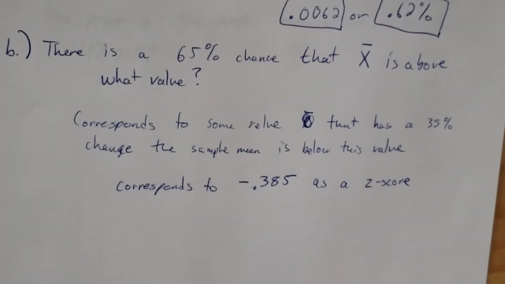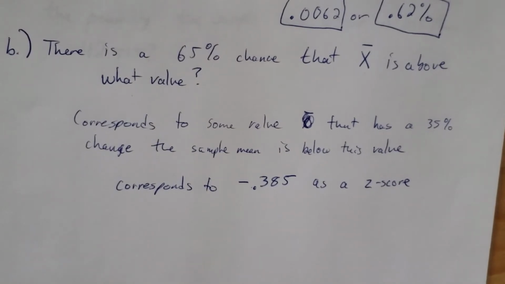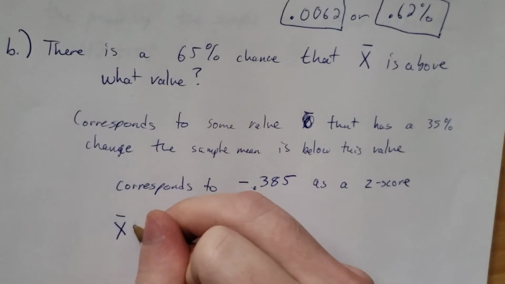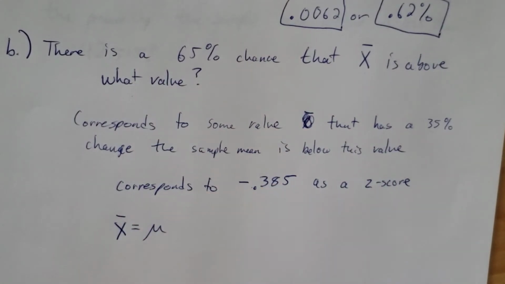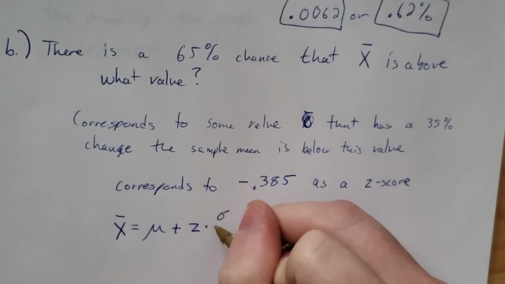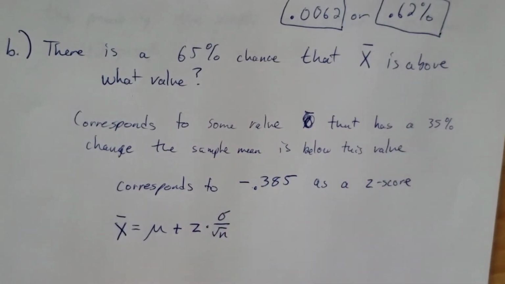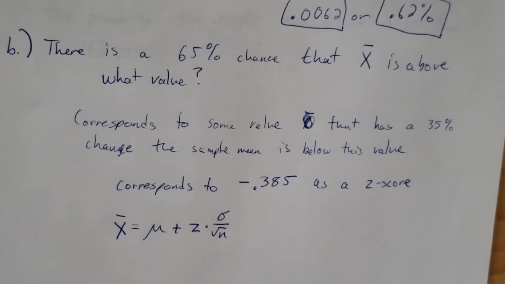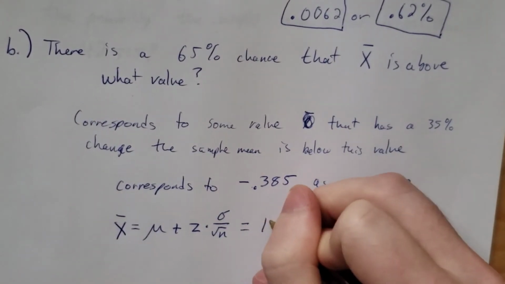Okay, so if negative 0.385 is our z-score, we have a formula that tells us what the sample mean will be in order to give us a negative 0.385 as a z-score. And that's this formula. So we just plug in our values.